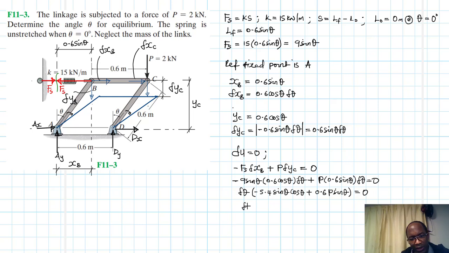And we know that del theta is not equal to 0. Okay, therefore the only part that will be equal to 0 is this part here.